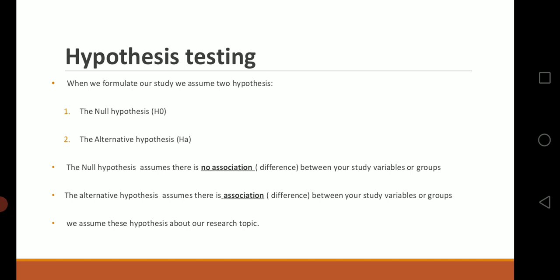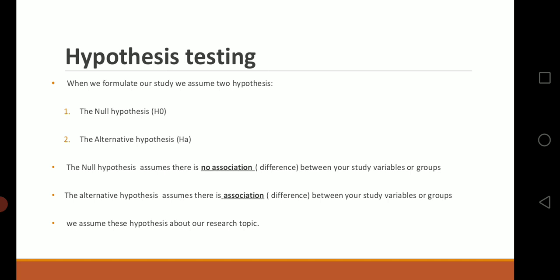The alternative hypothesis is the opposite of the null hypothesis. It assumes that there is association or there is difference between your study variables, or groups. We assume these two hypotheses about our research topic or our research objective.